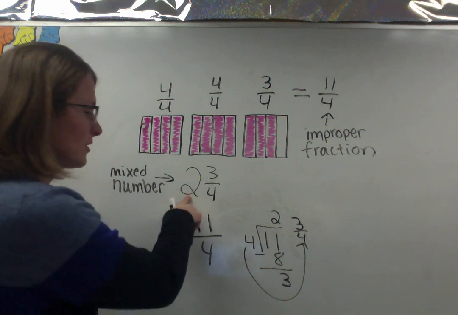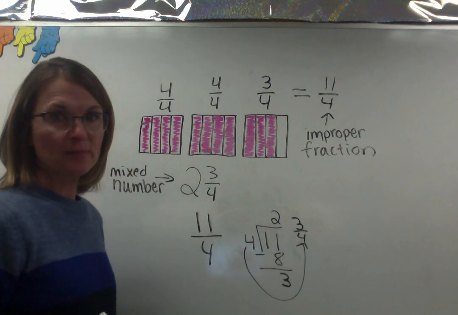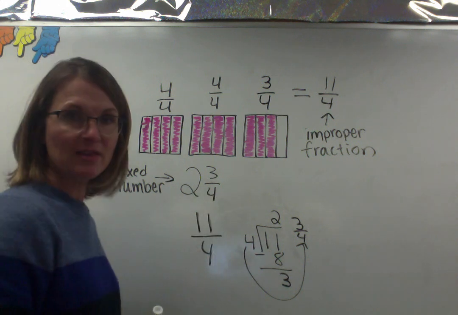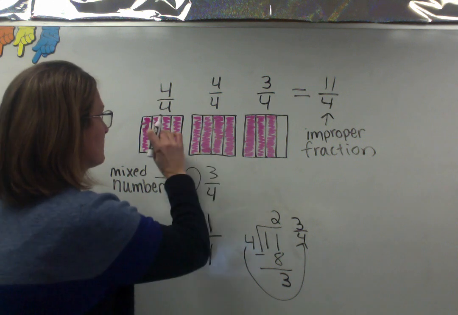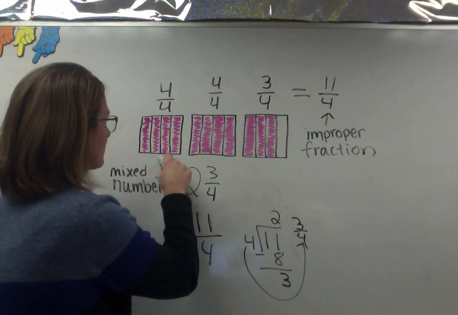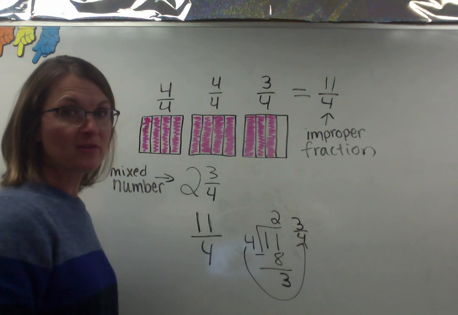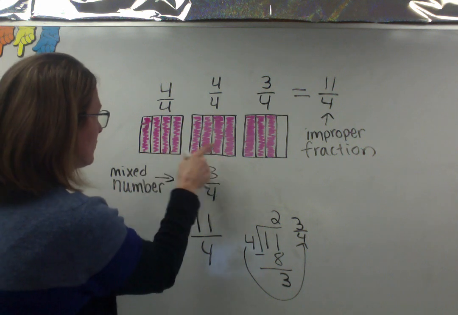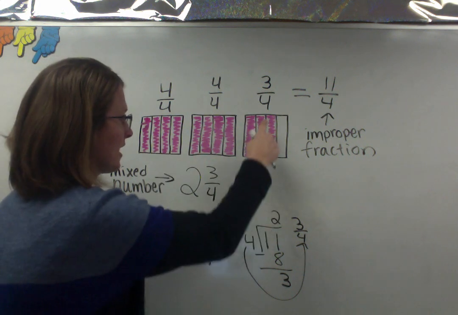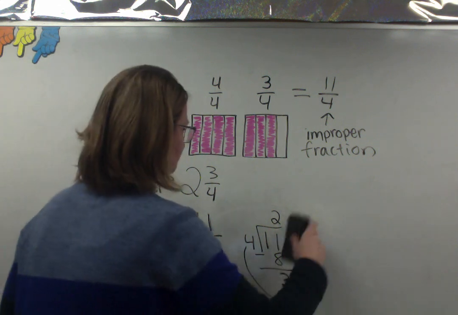So the 2 is how many wholes you have, and then the remainder is your fraction. Okay, so we kind of did this at the beginning of the year. And you can see that up here, that if you take all of these pieces, you have 1, 2, 3, 4, 5, 6, 7, 8, 9, 10, 11 pieces. Each of those pieces is a fourth. And if you split it into groups of 4, you get 2 groups of 4. So you get 1 here and 1 here, and then 3/4 left over. All right? So that's what you would do.